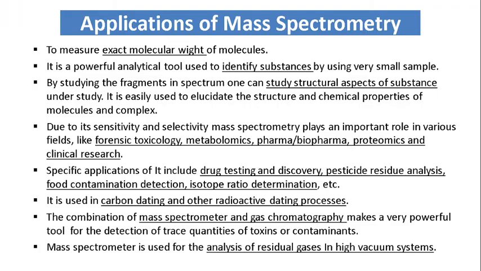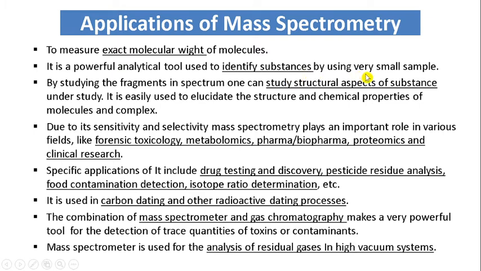So let us see, by studying such a spectrum, the various applications of mass spectrometry. The first application is that it is used to measure the exact molecular weight of any molecule, and this is a very important analytical tool to identify any substance.